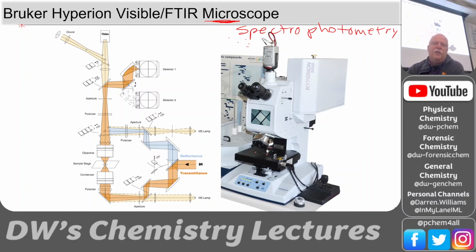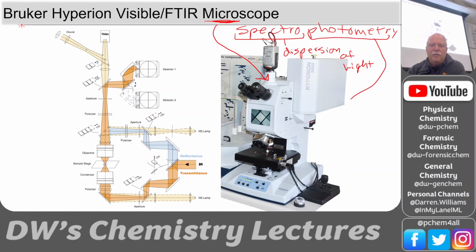Microspectrophotometry. So these are different pieces. The micro part means the microscope. Spectro means we have dispersion of light. And the photometry is measuring the intensity.